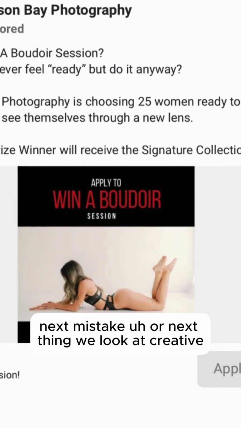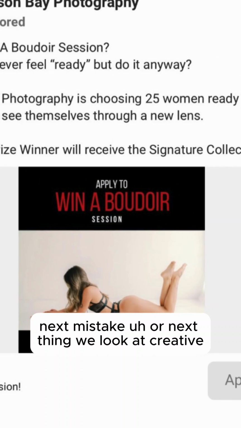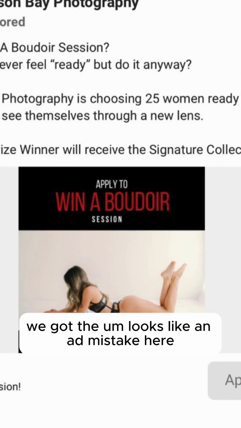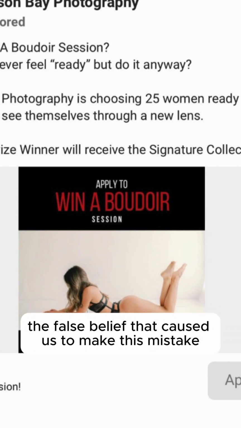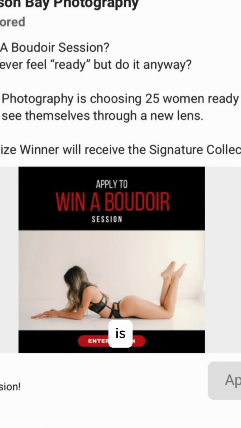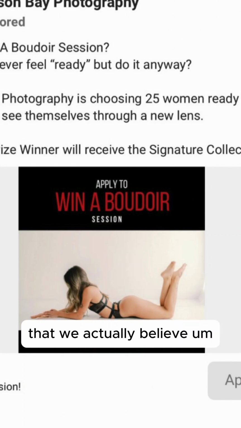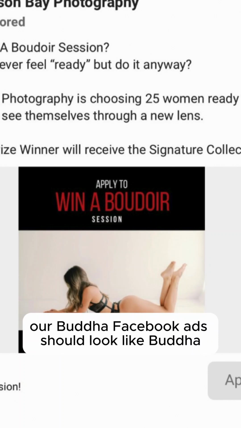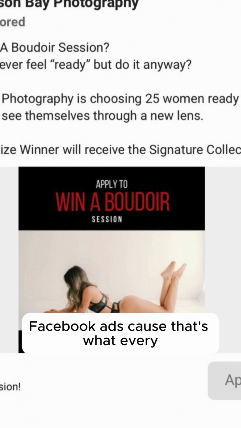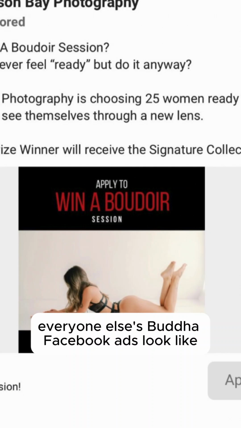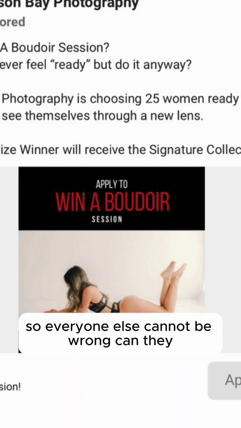Next mistake, or next thing we look at, creative. We've got the, looks like an ad mistake here. The false belief that caused us to make this mistake is that we actually believe our Boudoir Facebook ads should look like Boudoir Facebook ads because that's what everyone else's Boudoir Facebook ads look like, so everyone else cannot be wrong. Can they?